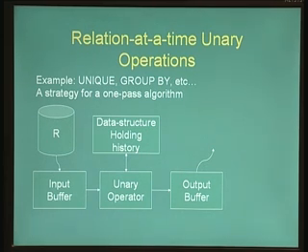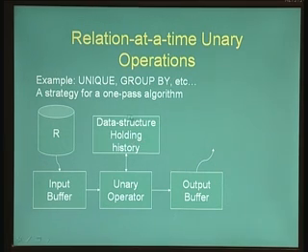Now one more thing to be noted here is that suppose the unary operator that we are concerned with is the group by operator. The group by operator cannot return any output until the entire set of tuples in this relation is read and the grouping is performed using this data structure.